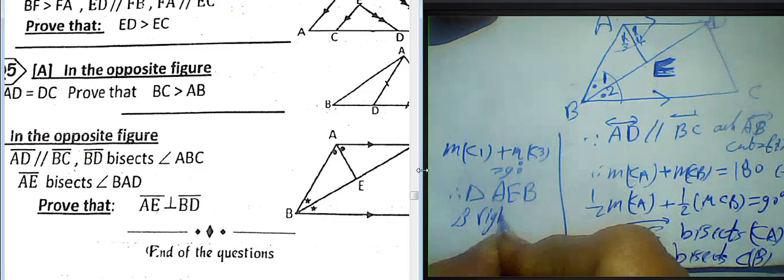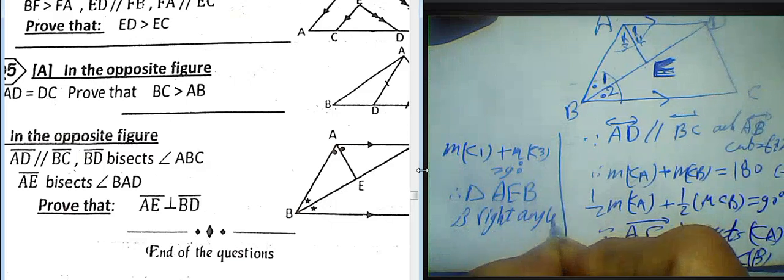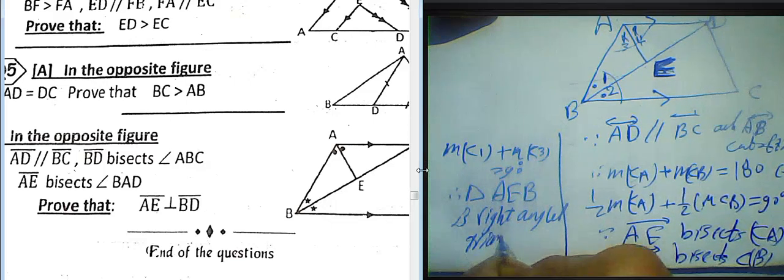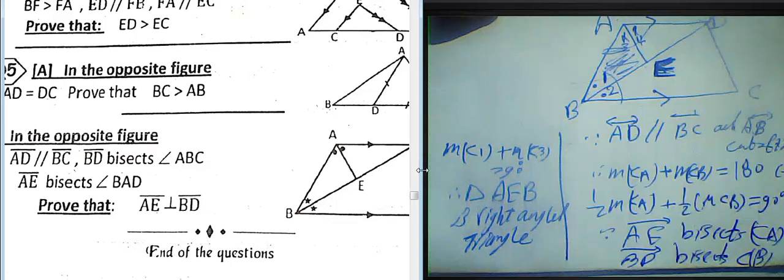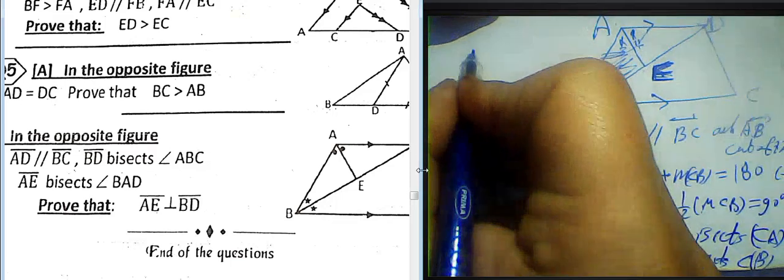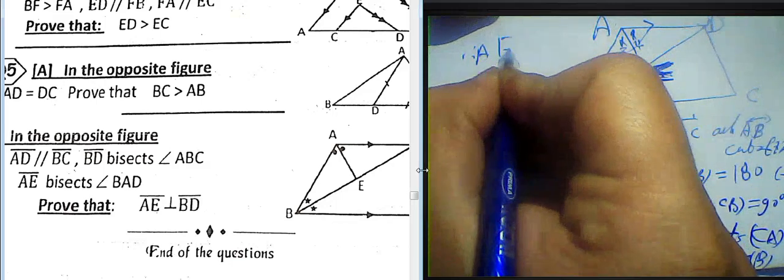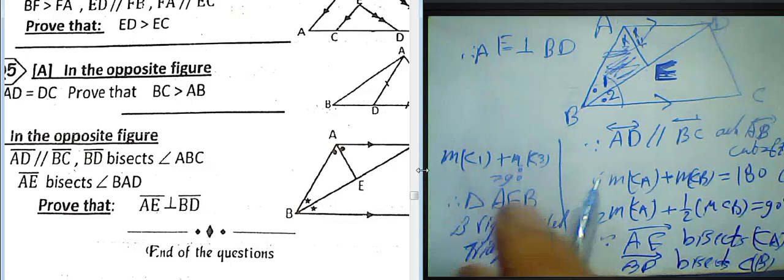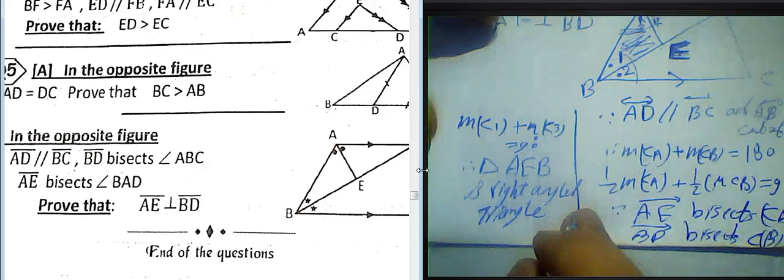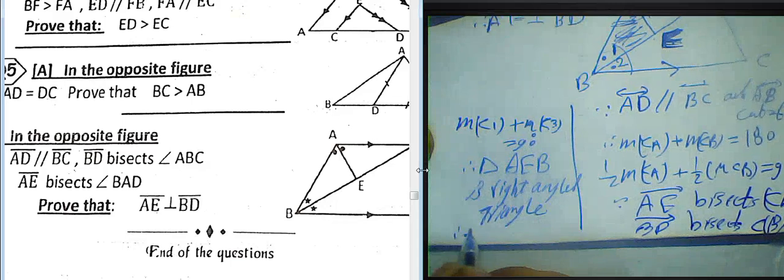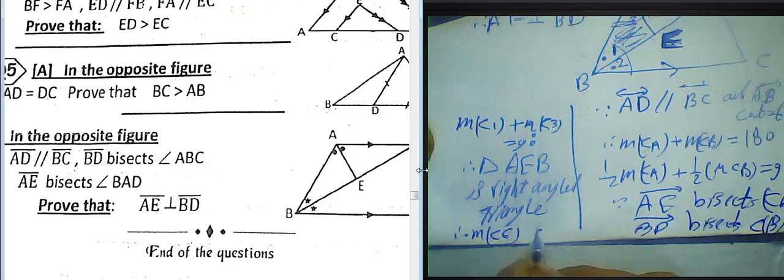This triangle is a right angle triangle. Then AE will be perpendicular to BD. Why? Because measure of angle E equals 90 degrees. Then AE will be perpendicular to DB.